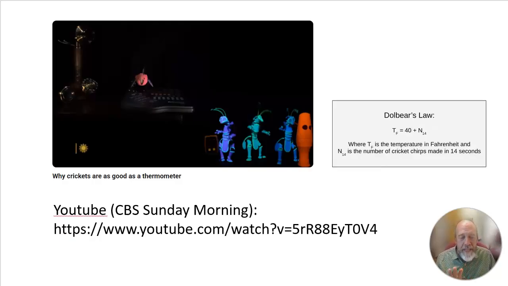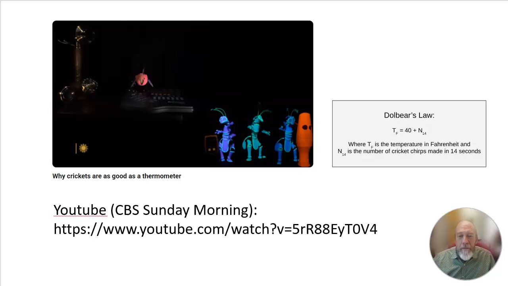It was on the CBS Sunday Morning show with Robert Krulwich, and he does a great job of explaining Dolbear's Law. It's a perfect concept for looking at these linear relationships.